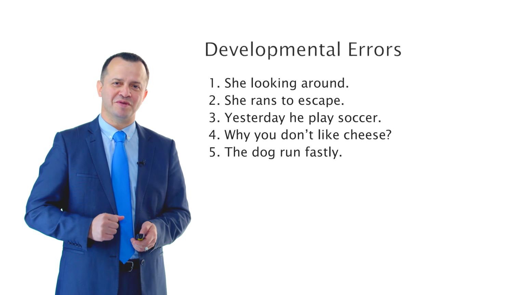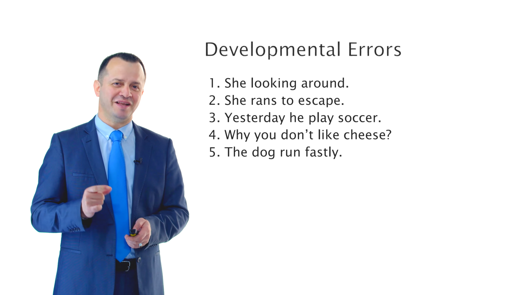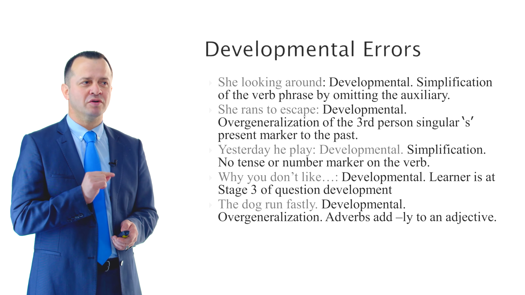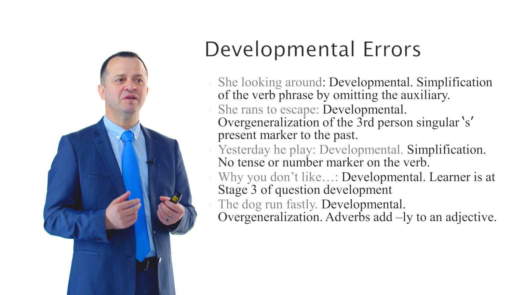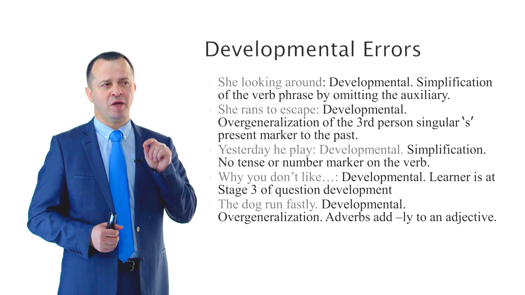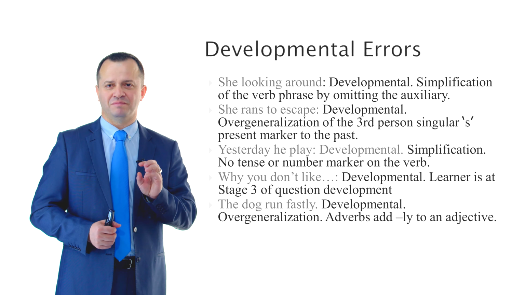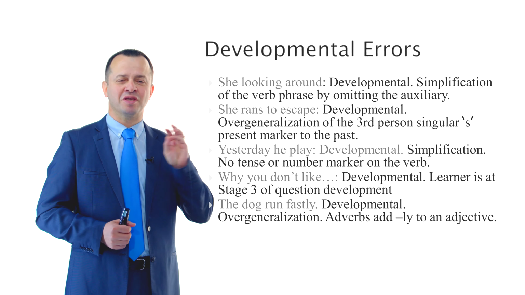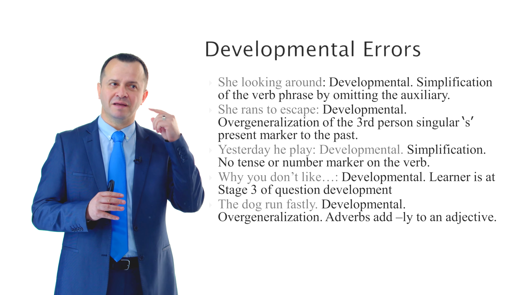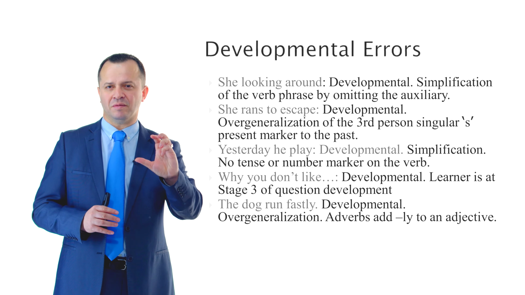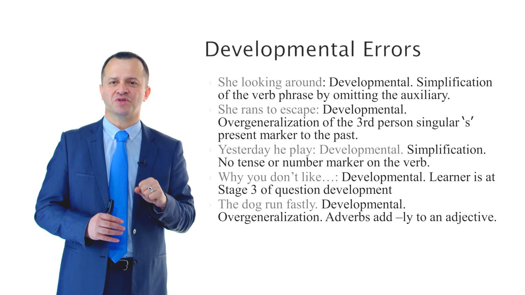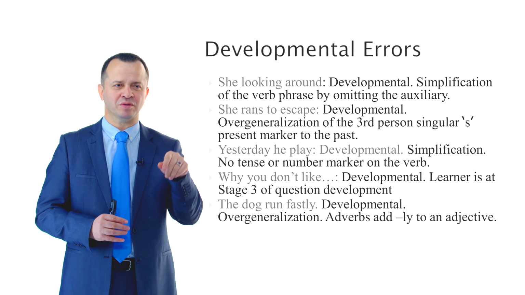Yeah, I know you found the mistakes, so let's do it together now. Look, she looking around is a developmental error, a simplification, because of the simplification of the verb phrase by omitting the auxiliary. So it should be she is looking around. The learner omits is, thinking that the following verb looking inflects the pronoun she, so there is no need to use an auxiliary.